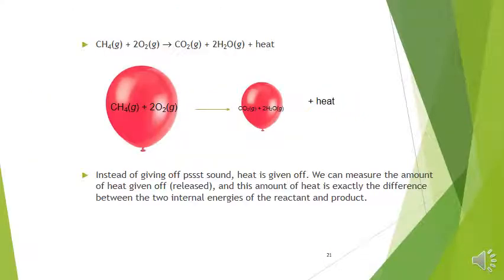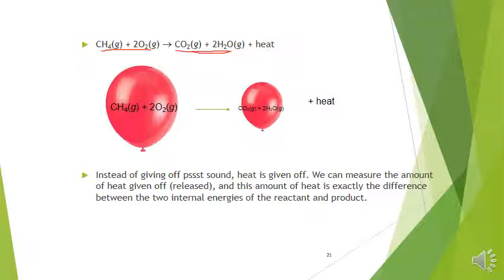All right, so let's take a look at, in this case, combustion of methane. You take methane and oxygen, and we're going to say that this balloon represents how much energy is in these two guys. Then you do the chemical reaction, you make carbon dioxide and water, and again the balloon represents how much energy is inside these two products.